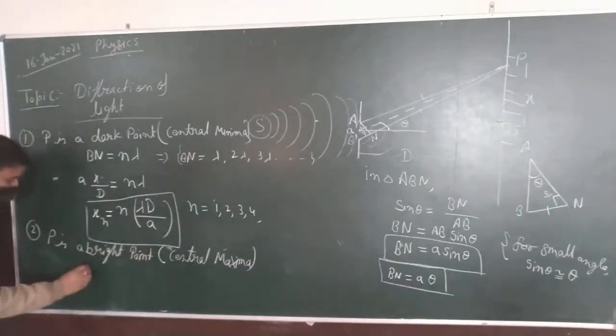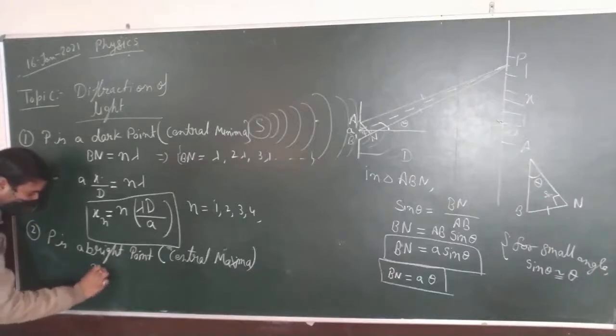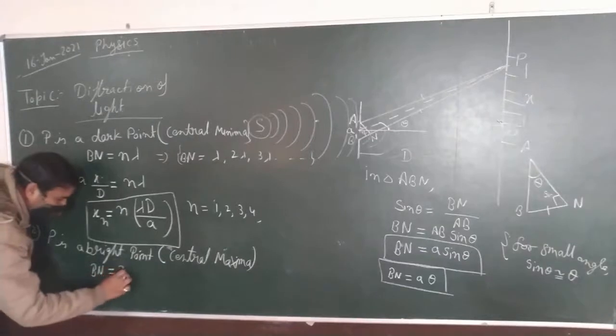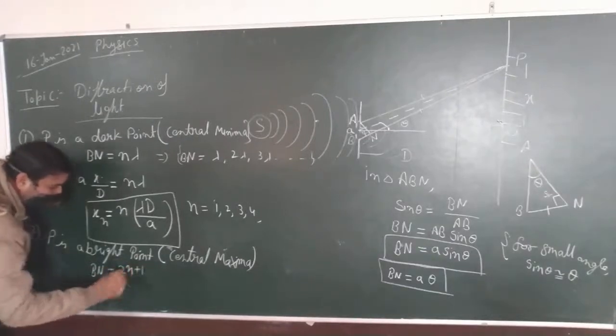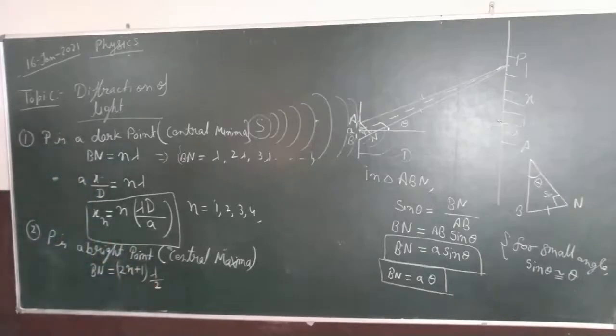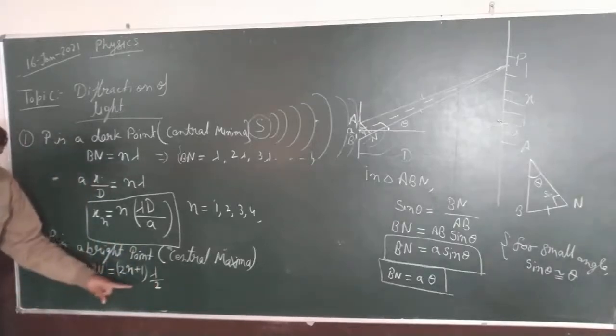It will be BN is equal to (2n plus 1) lambda by 2.